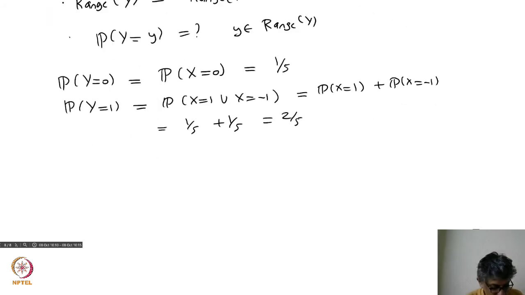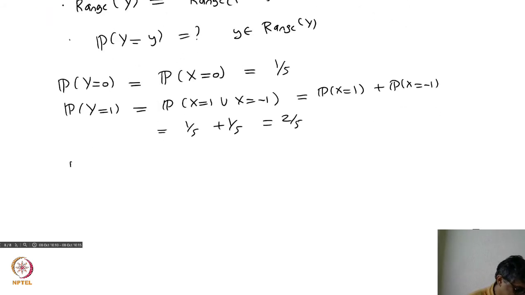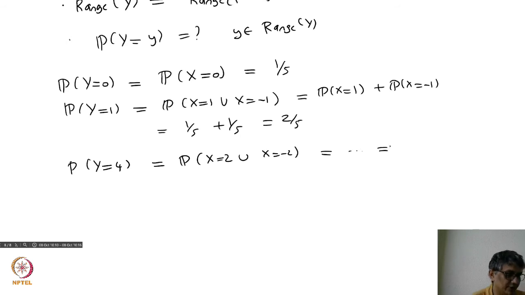Very nice. And then similarly, the chance that y is equal to 4 is the same as the chance that x is equal to 2 or x is equal to -2, and if you compute, you again get 2/5. So that's the distribution of y.